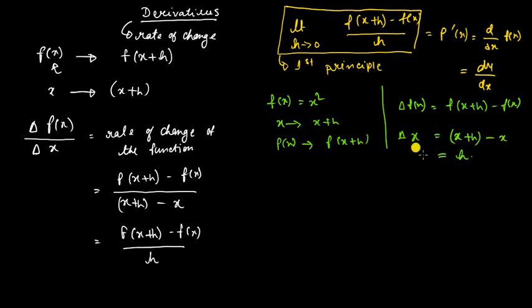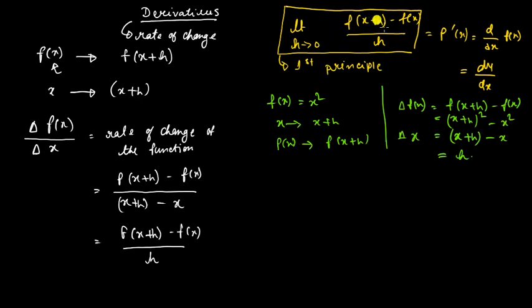Now if I do the math, we can do this straight away. If I put the value, this becomes x plus h whole square, because the variable which is creating the function became x plus h. So overall the function is x plus h whole square minus x square, that is how the function was.